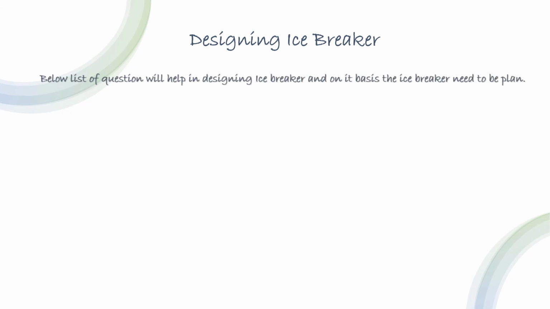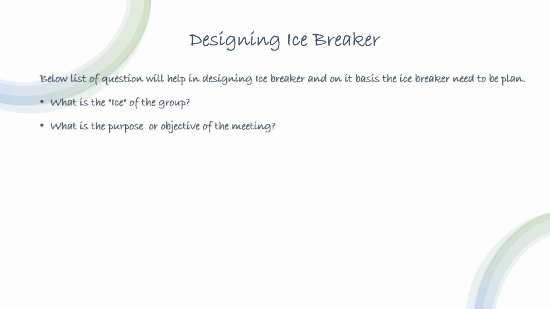The next is how to design an icebreaker. I have listed down the important questions we need to answer before designing it, and that makes the designing very easy. Like, what is the purpose of the meeting? What is the mix in the group? Are they from different backgrounds, different companies, different hierarchies?